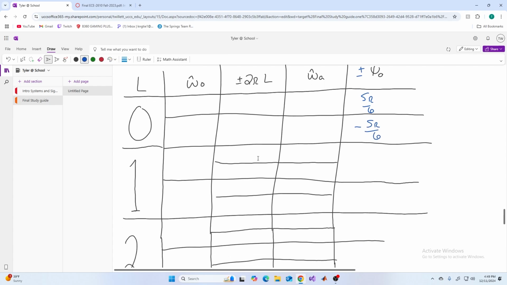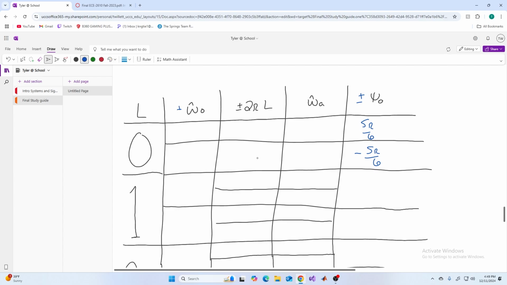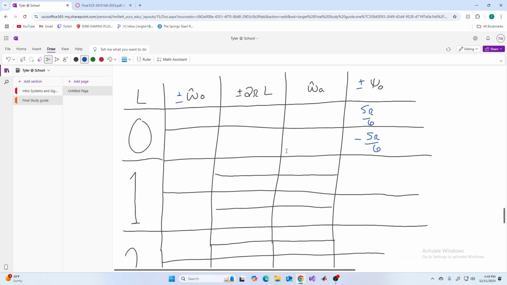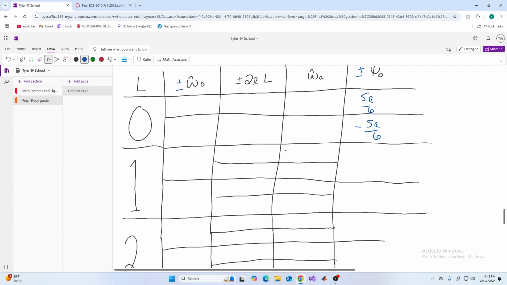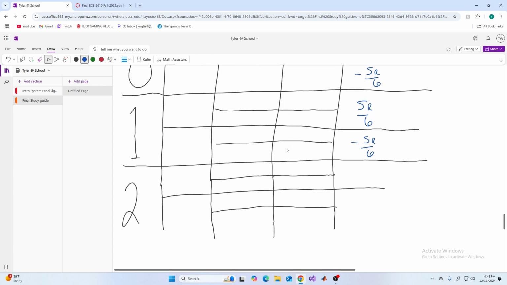I forgot that part. And this is also plus or minus. So I'm going to get 5 pi divided by 6, negative 5 pi divided by 6, 5 pi divided by 6, negative 5 pi divided by 6.